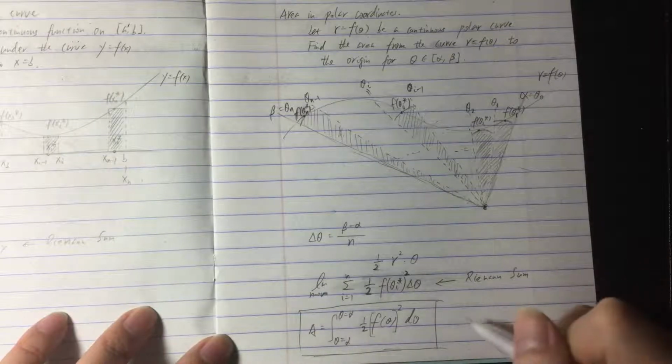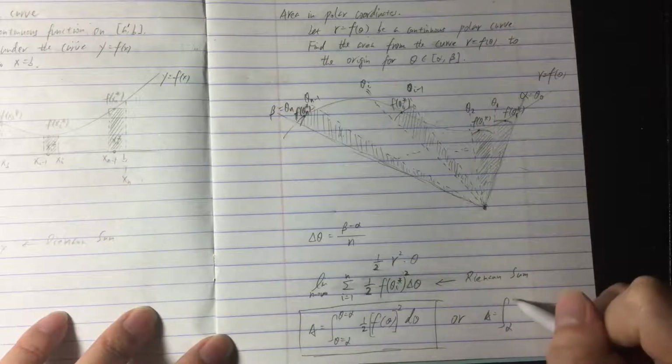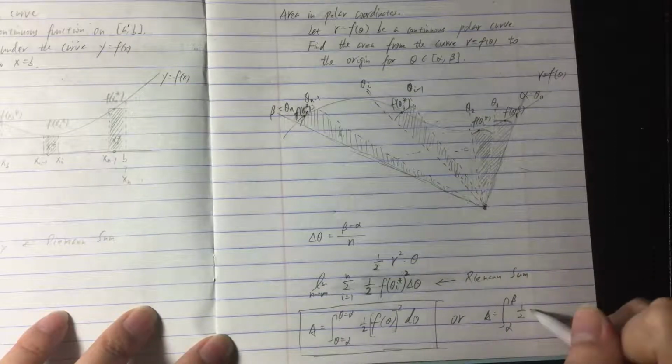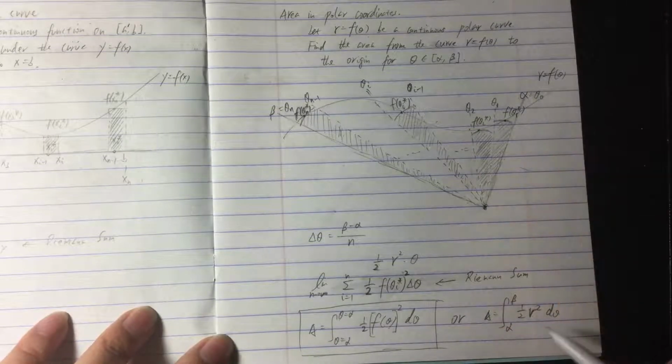This formula sometimes can be written as area equal to the integral for theta from alpha to beta of half of r squared d theta. Sometimes f of theta is the same as r. Since r is a little simpler, it can also be written as the area is the integral from alpha to beta of half of r squared d theta.